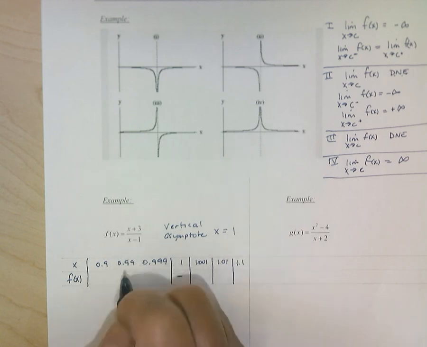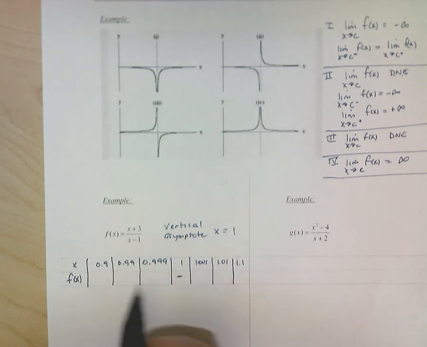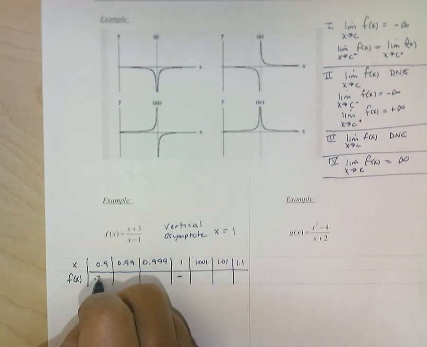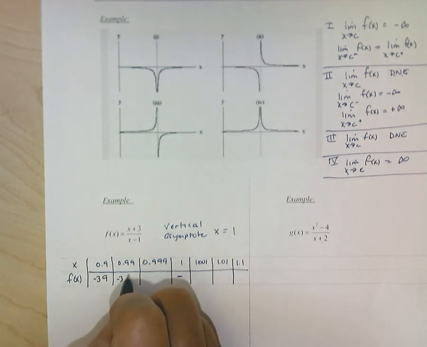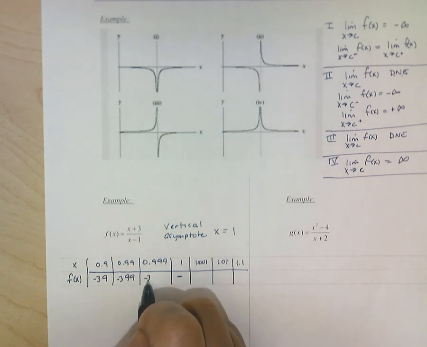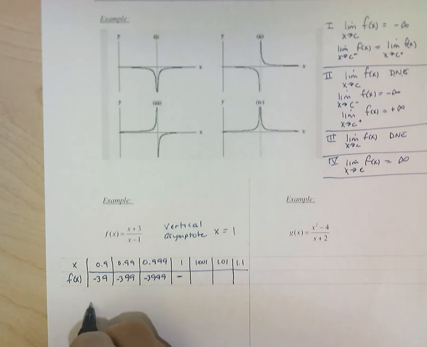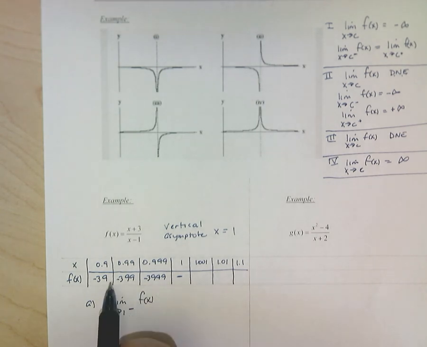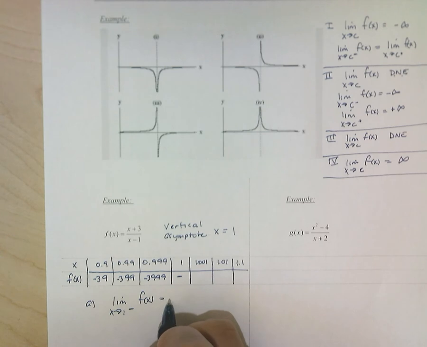I've already put these in my calculator and gotten values. So I get negative 39, negative 399, and negative 3,999. So the limit as x approaches 1 from the left of f of x: my numbers as I get closer and closer to 1 from the left-hand side are getting more and more negative. So this is going to equal negative infinity.